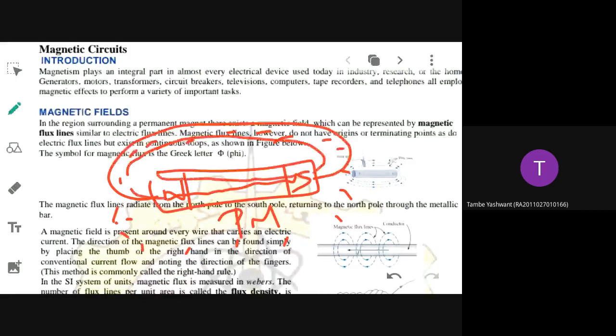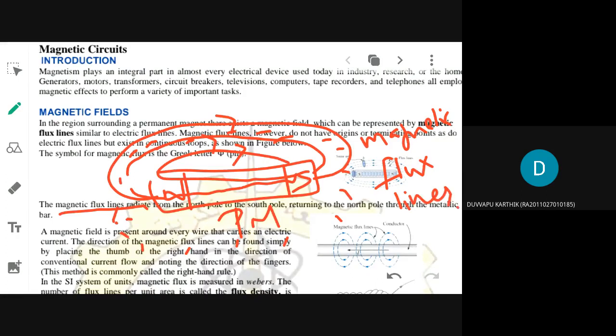These lines are called magnetic flux lines. The region around this permanent magnet exhibits the phenomenon called magnetism, and the field is correspondingly called the magnetic field.